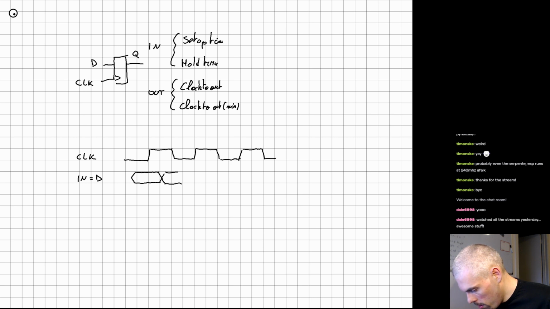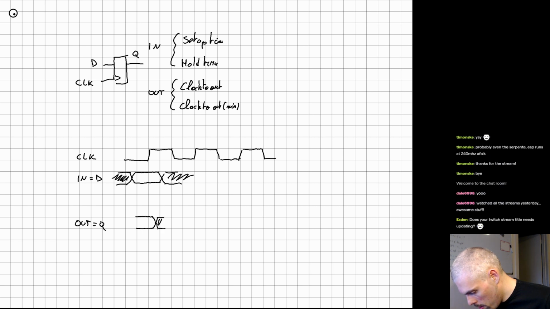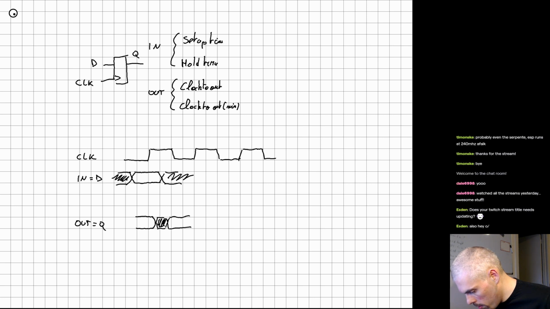Okay, and then that's invalid, and that's invalid. And then you have the output, which is Q, which is gonna be, so this would be the previous output. This becomes invalid. I'm gonna explain what the different zones are in an instant. I'm just doing the drawing.